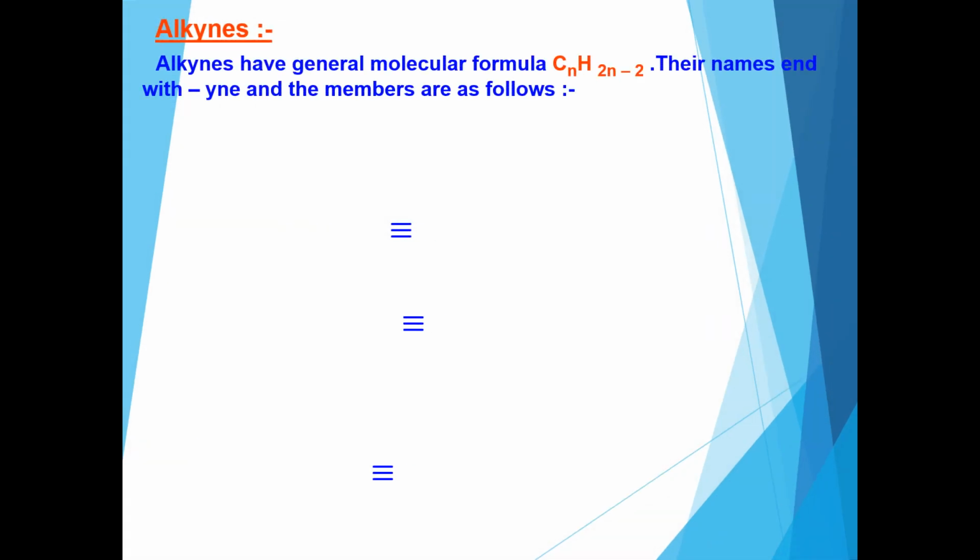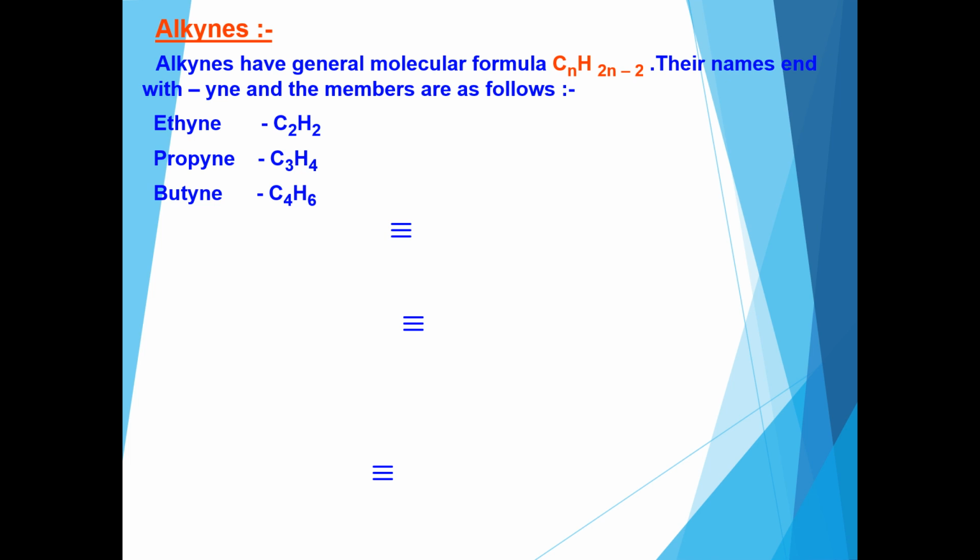Now moving on to the next topic, alkynes. Alkynes are having general formula CnH2n-2. In alkynes also, the first member with n equals to 1 does not exist, because there also at least one carbon-carbon triple bond should be there.